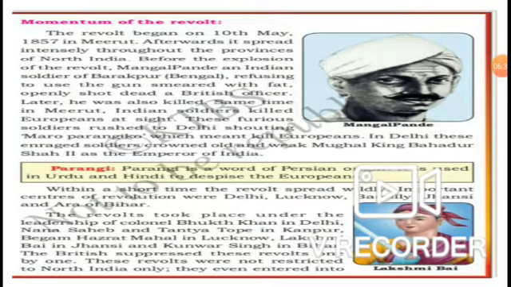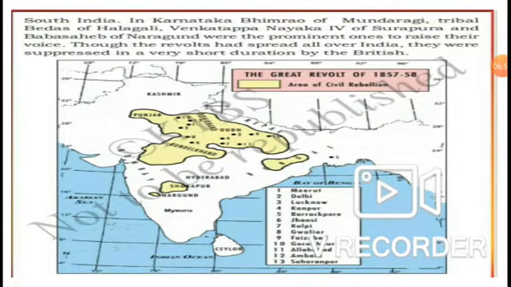Bhimarao of Mundaragi, tribal Bedas of Halagali, Venkatappa Nayaka of Surapura, and Baba Saheb of Naragunda were the prominent ones to raise their voice in South India. Though the revolts had spread all over India, they were suppressed in a very short duration by the British.